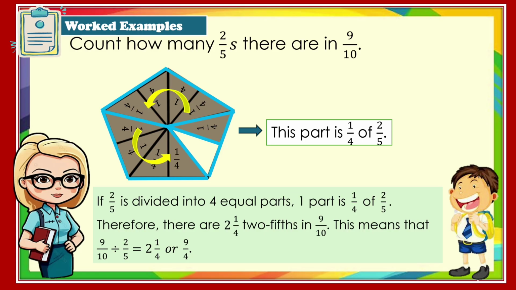So if 2/5 is divided into 4 equal parts, 1 part is 1/4 of 2/5. Therefore, there are 2 1/4 2/5 in 9/10. This means that 9/10 divided by 2/5 equals 2 and 1/4, or 9 out of 4, or 2 and 1/4 equivalent.